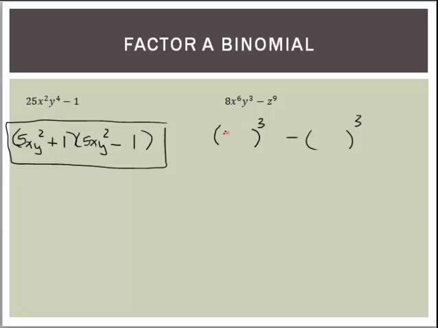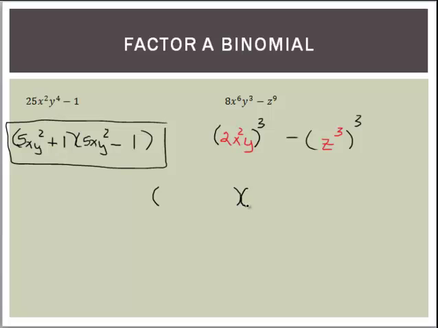Well, to get 8, you cube the 2. To get x to the 6th, you cube x squared. And to get y cubed, you cube y. So what do you cube to get z to the 9th? You cube z cubed. So that's what we're going to use, this stuff in red, for when we fill in our parentheses.